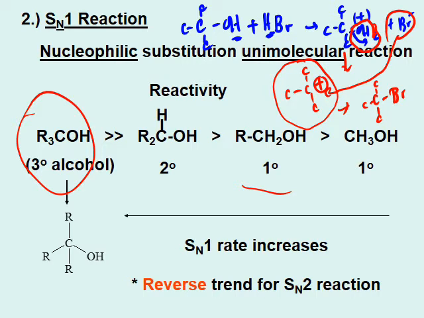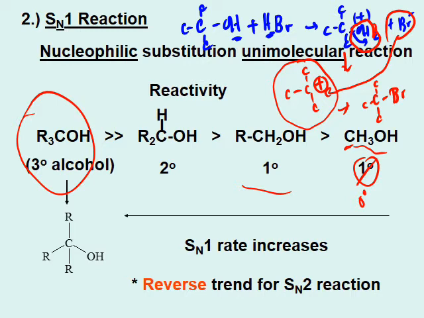Actually, CH3OH, even though I wrote down here 1 degree, that's not right. It should be 0 degree because the carbon here is not bonded to any other carbon. In a strict sense, some books write down 1 degree, but this should be 0 degree, or just say methyl compound.